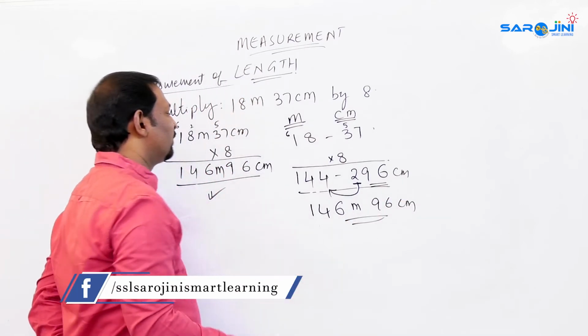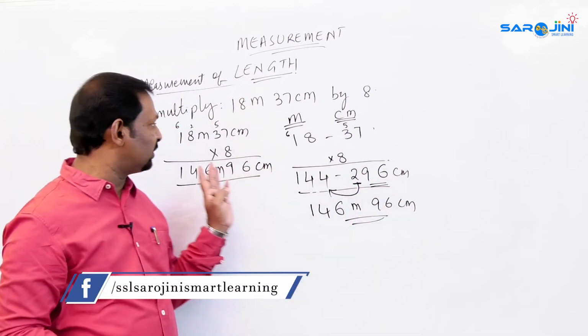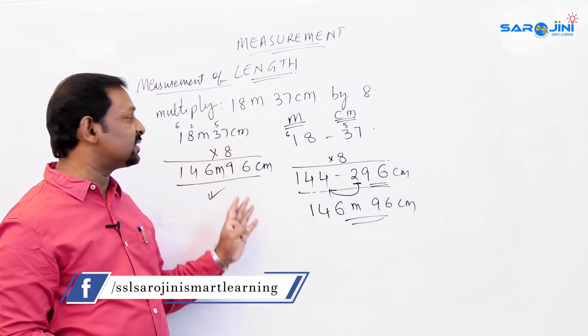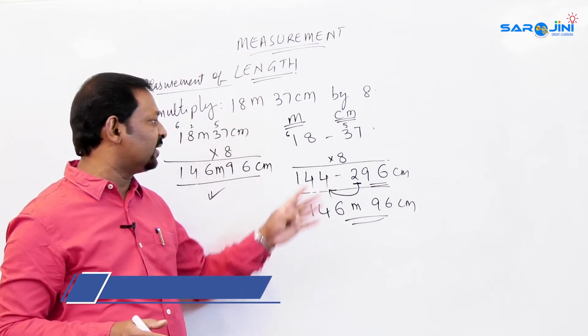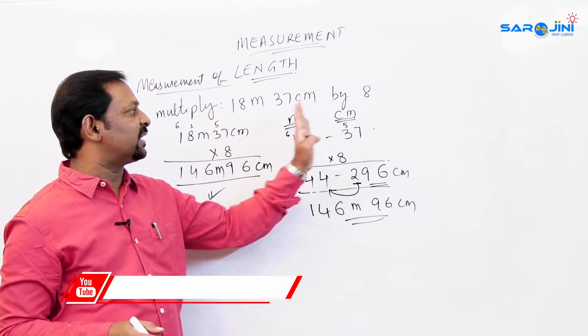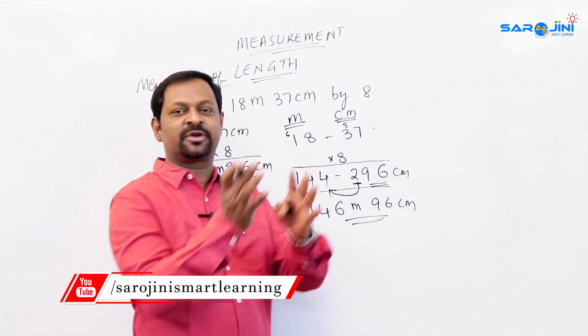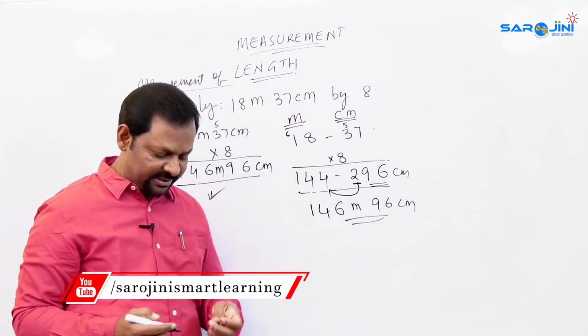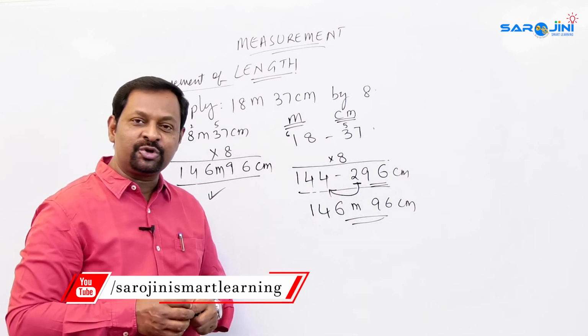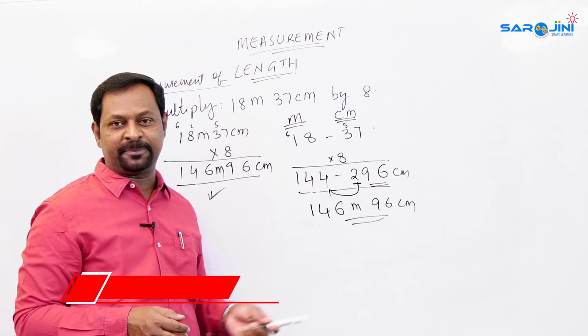In this way also we can write, whichever you feel comfortable with, you can adopt it. The thing is, write meters and centimeters separately, or centimeters and millimeters separately, then you can calculate it. This will be helpful to you in doing this multiplication.